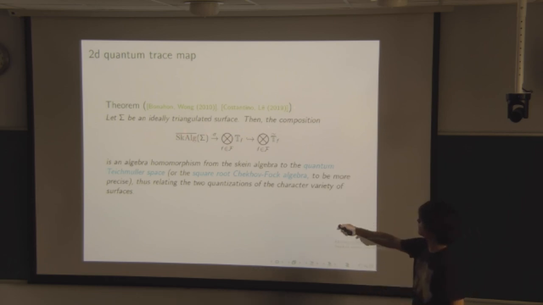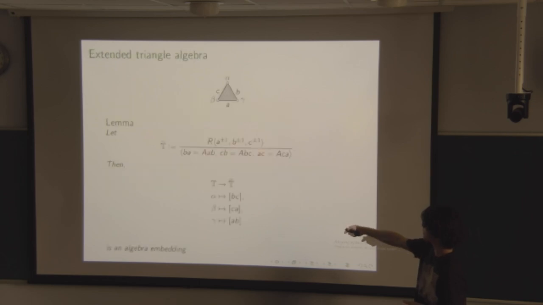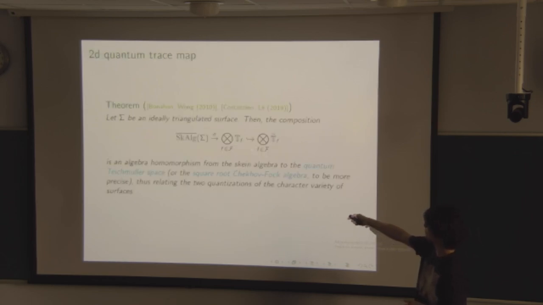Then we can first apply the splitting map to get a homomorphism from the stated skein algebra, or the reduced stated skein algebra, to the tensor product of the triangle algebras. Remember that the triangle algebras are the reduced stated skein algebras associated to triangles, and since we're splitting into triangles, this is what we get. And then we compose it with the embedding that we constructed just now. We embed it into the tensor product of extended triangle algebras.